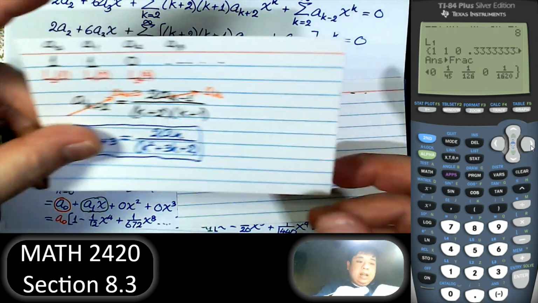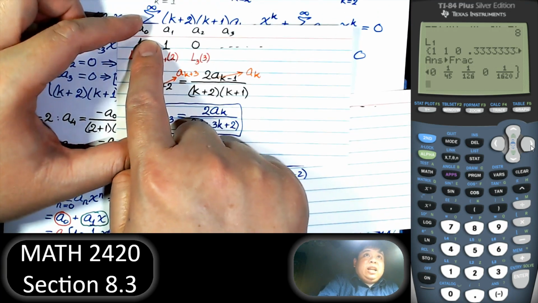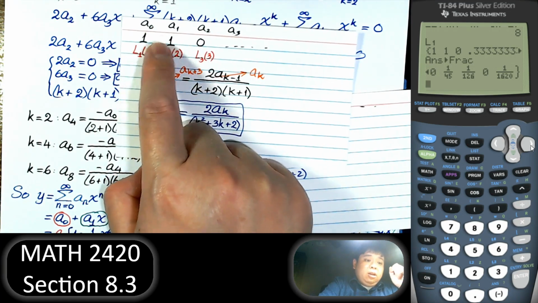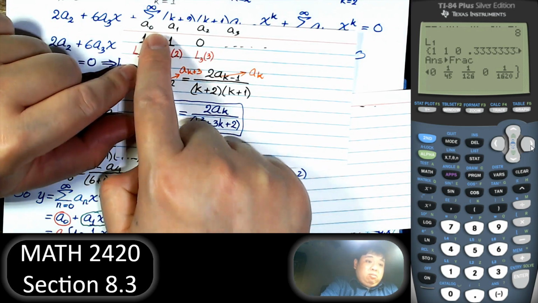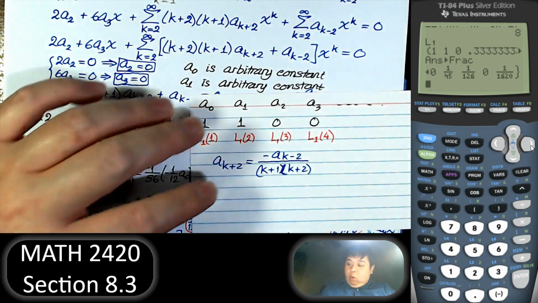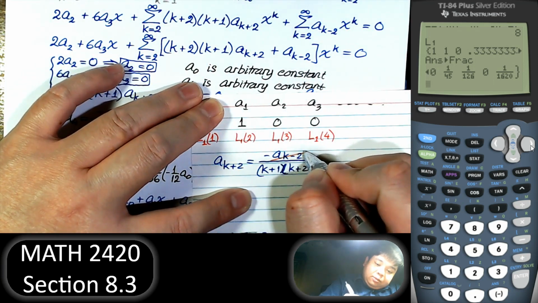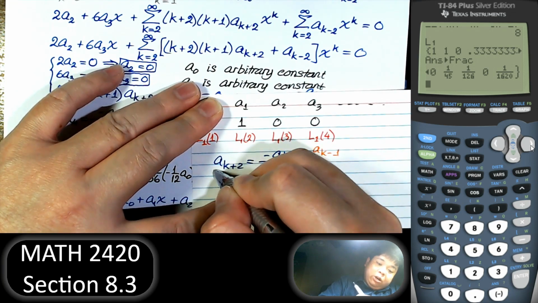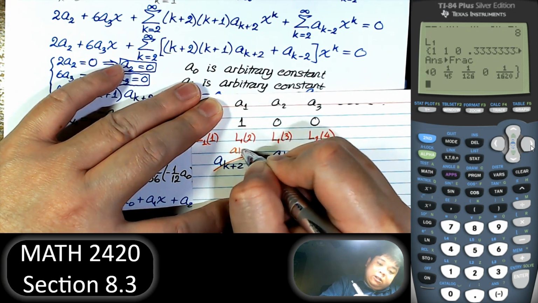Remember, in the sequence we can use the subscript 0. I mean, in a0 we can write a0, but on the list in the calculator we have to start from 1. So before we do anything, this a of k minus 2 becomes a of k minus 1. So increase the index by 1.